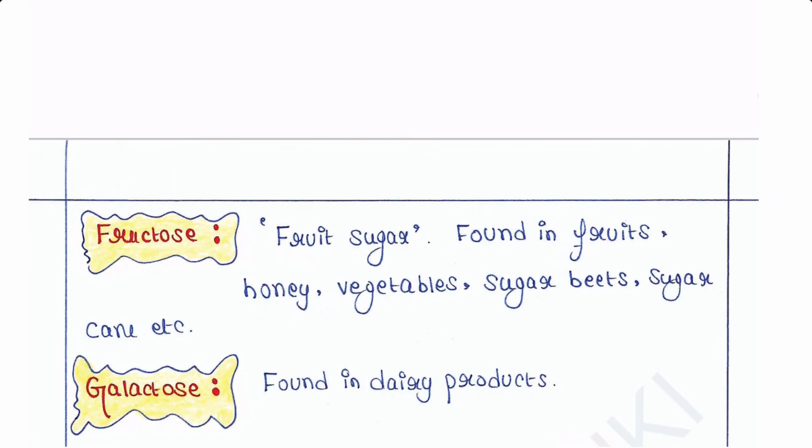Fructose is known as fruit sugar because it occurs primarily in many fruits.